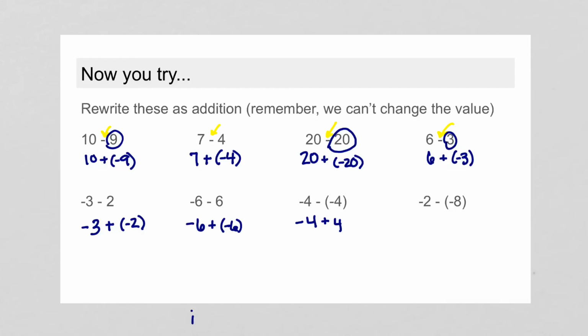So notice on this one, we changed the sign, and then the inverse of -4 was +4. So that's another example of seeing minus a minus turning into a plus.